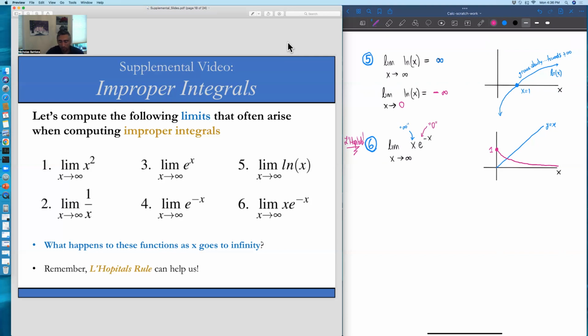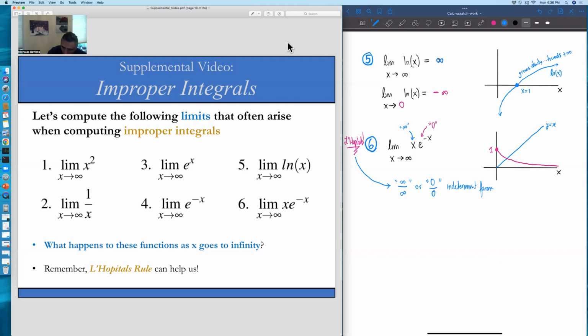And this extra work, this is where we can do a little bit of algebraic massaging to turn this into a L'Hopital's problem. So remember, in order to use L'Hopital's, we need something that looks like an infinity over infinity situation, or we need a 0 over 0 situation, so-called indeterminate forms.